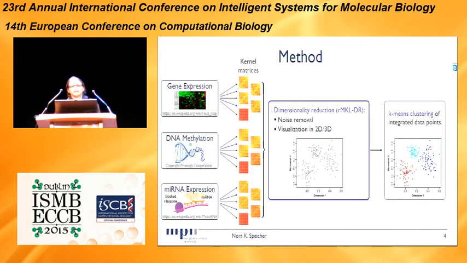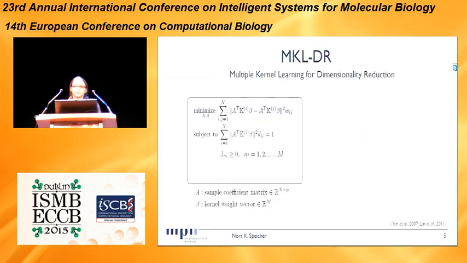Now let's have a look at the main method here. Multiple kernel learning for dimensionality reduction is a very general framework that allows the implementation of a set of different dimensionality reduction schemes, and it's based on the graph embedding framework. So here you see the optimization problem, and the objective function is the graph preserving criterion.